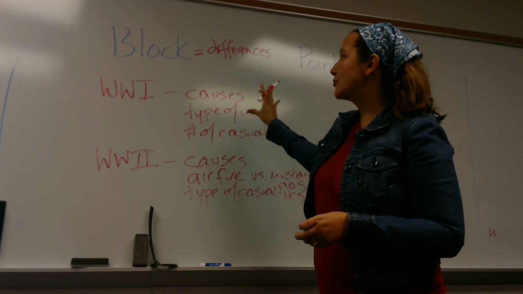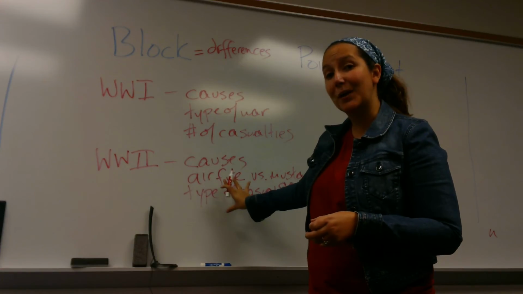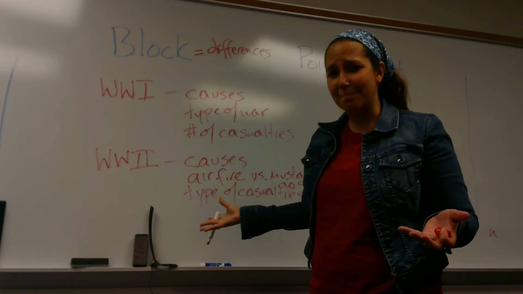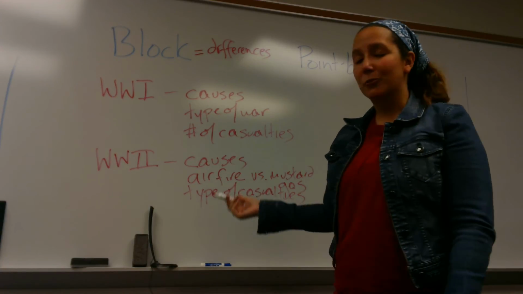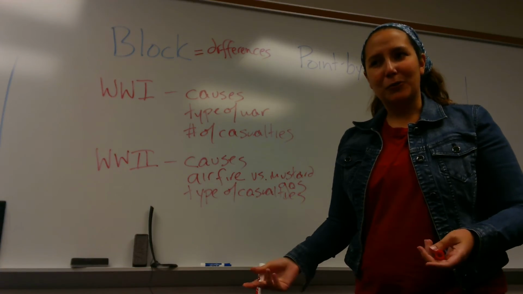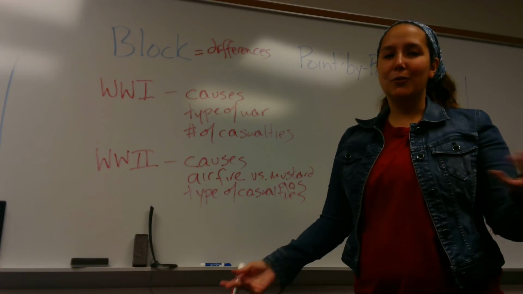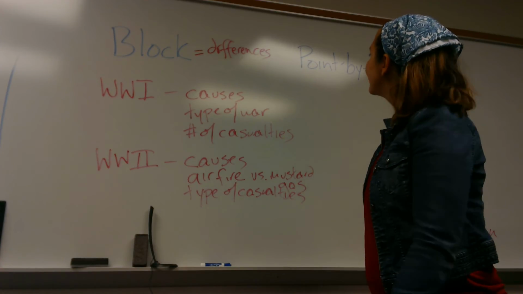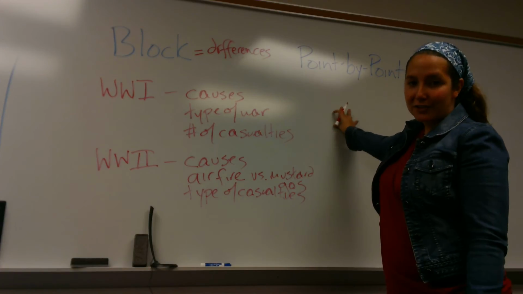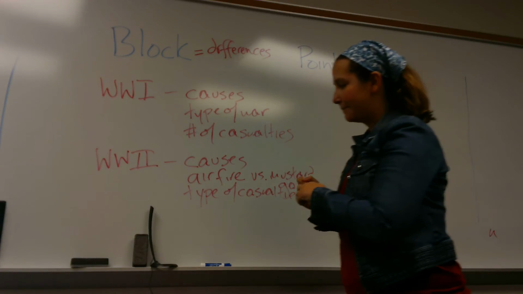Because if you just wrote two giant paragraphs on why they're the same, it's a totally repetitive paper, right? You're going to be reading World War II was like this. World War I was exactly the same. You have a paper that just repeats itself, and it's boring, okay? Point by point can be used for similarities and for differences.